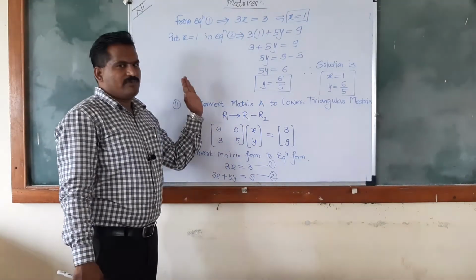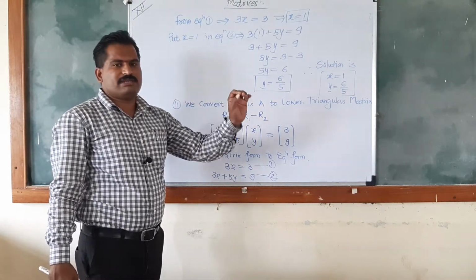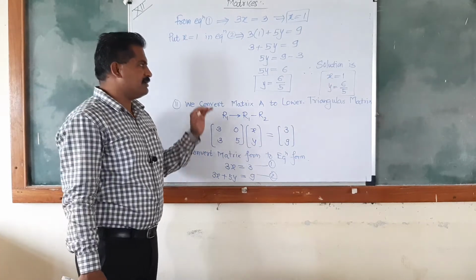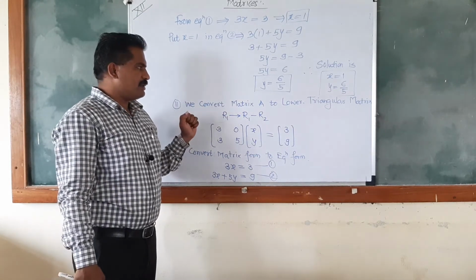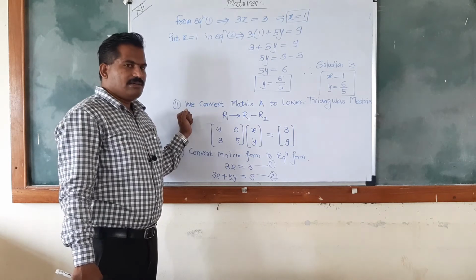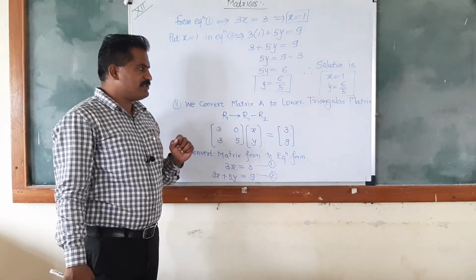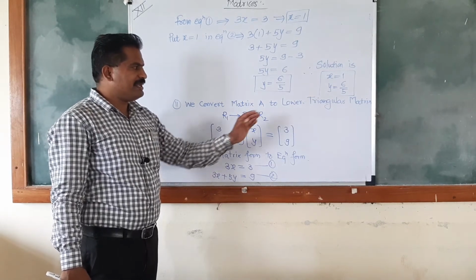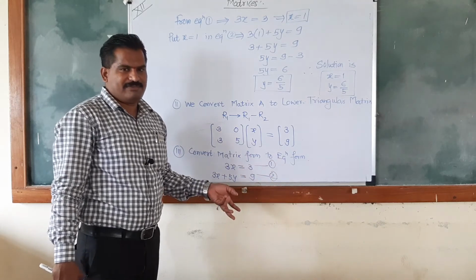The first step, which is common for both methods, the inversion method and the reduction method, is to convert the equations into matrix form Ax is equal to b. Then select the appropriate transformation to convert the matrix into lower triangular or upper triangular.